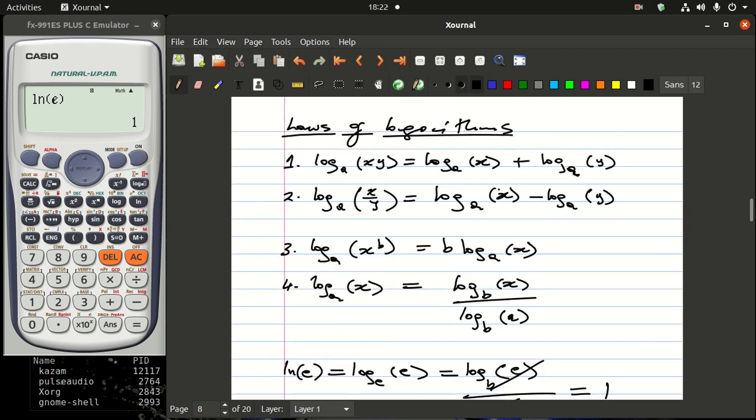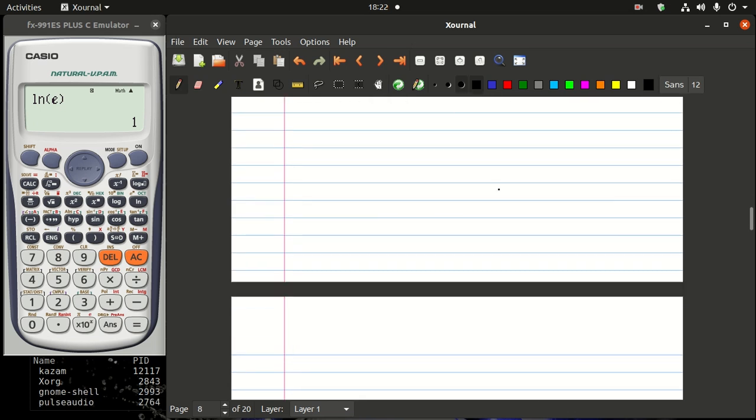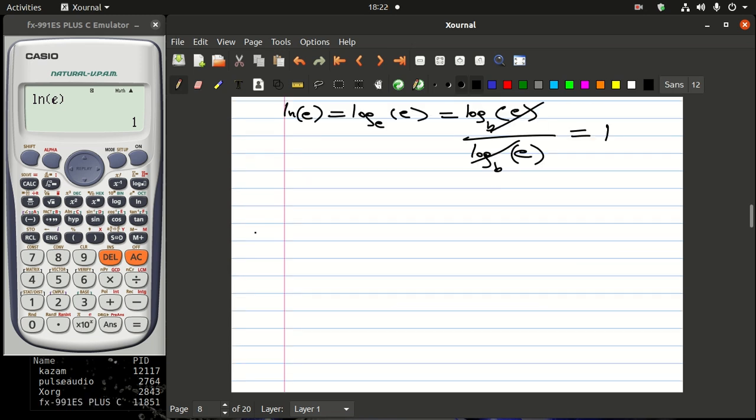But nonetheless, we know the log, we know the exponential. In most cases, it is easy to work with an exponential function of this kind, y is equal to e raised to x, compared to working with an exponential like this, where a is not e to the power x. Why is that so?